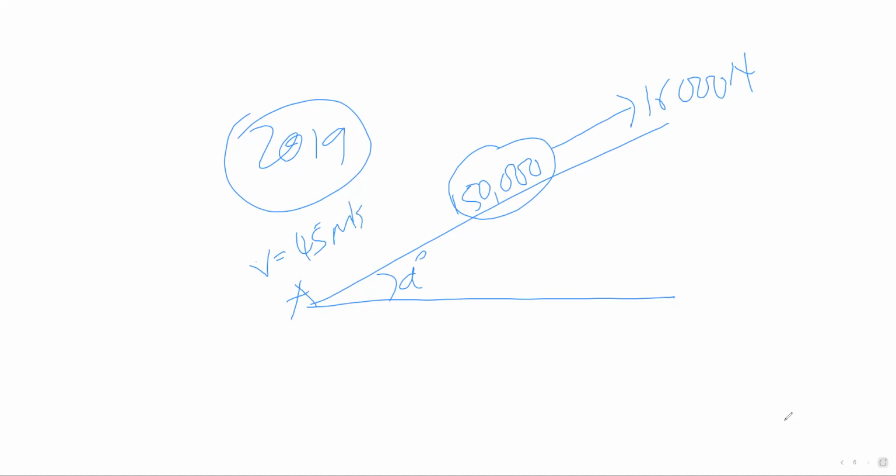Point B on the slope is 500 meters beyond A. So let's say this is point B here. It's 500 meters. So from here to there, this is 500 meters. That's what the question says. Then at B, the speed of the train is 42 meters per second.